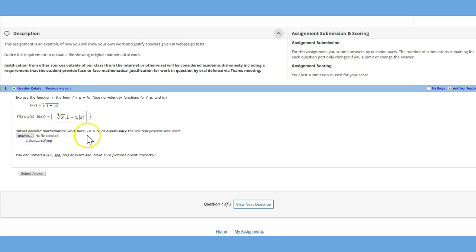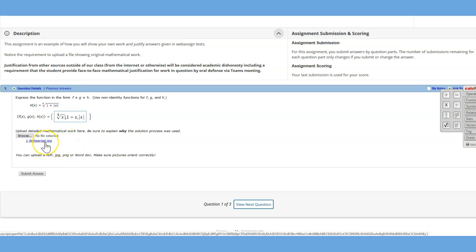The first one requires you to enter some function. These are pre-calculus questions, by the way. And you would enter your answer in Webassign as normal. And then to justify your work, which you would be doing on paper and pencil anyway because you do math with paper and pencil, you would need to upload either a picture of your written work, or if you wanted to do your work in Microsoft Word and use an equation editor, you could do that.